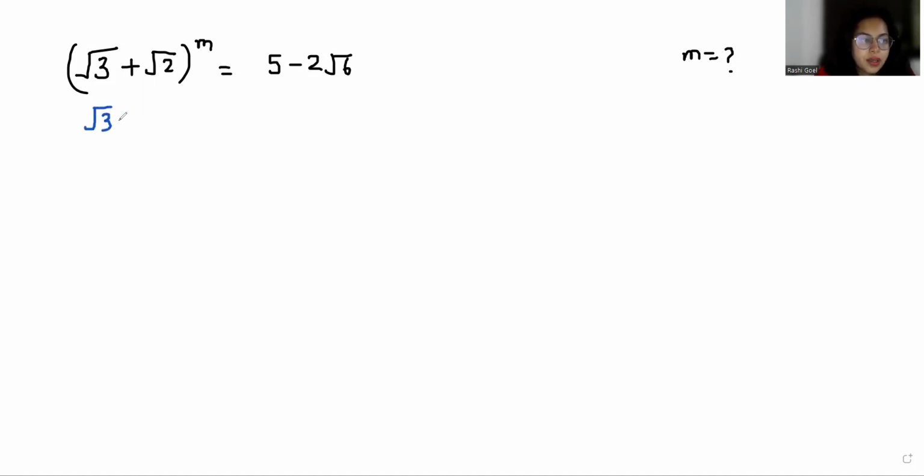So (√3 + √2)^m = 5 − 2√6. We can write 5 as 3 plus 2, and 2√6 as 2 times √3 times √2.